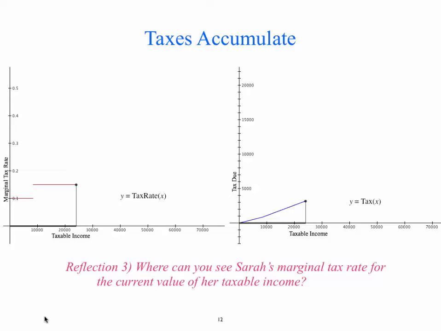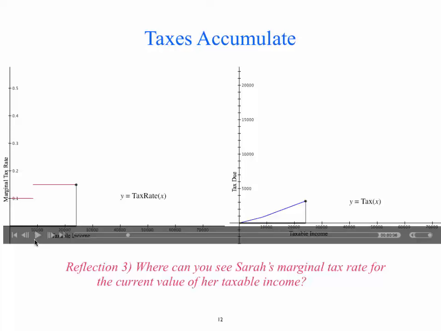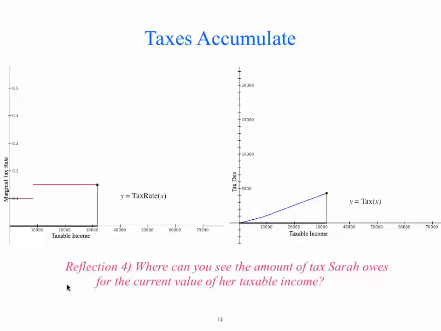Yes. The y-axis on the left graph. Okay. Where can you see the amount of tax Sarah owes for the current value of her taxable income? Dottie. So you're looking at the blue line to see the amount of tax that she owes?